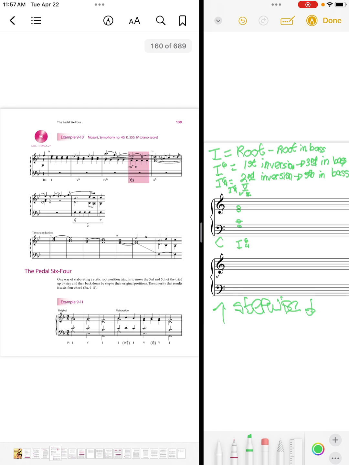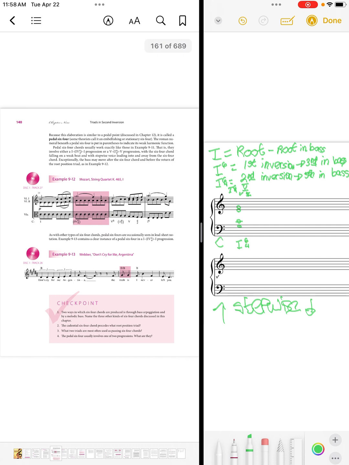That's pedal. If it goes up by, let's say, a third or something like that, that's pedal 6/4.